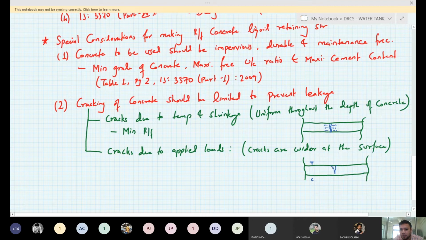They are wider at the top, and their width gets reduced as they go deeper. So example is flexural cracks.